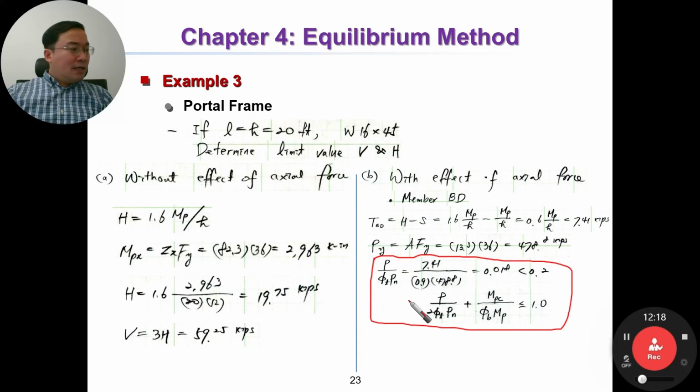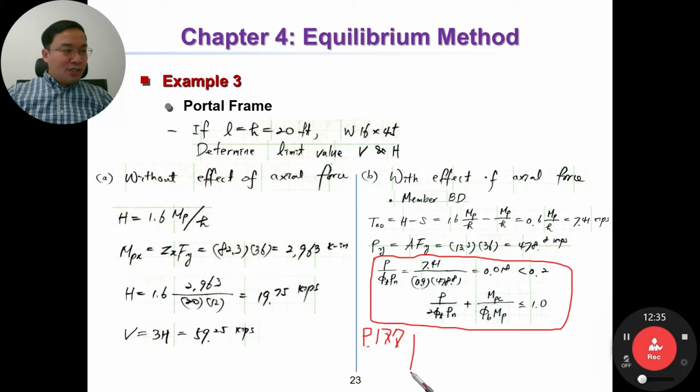So if you are confused with this equation, then please check in your textbook, page number 177.